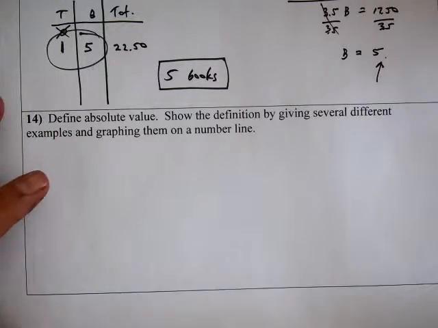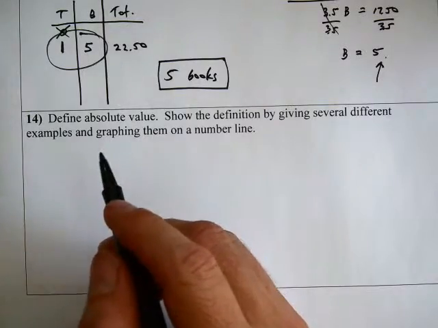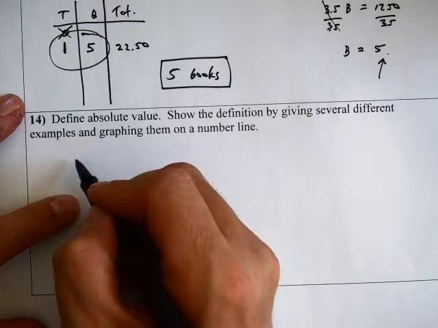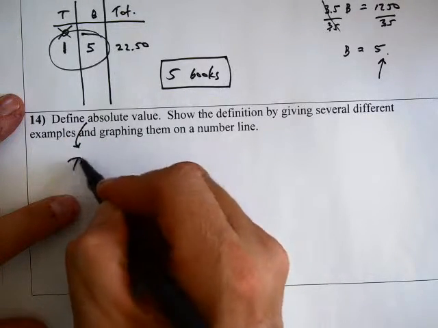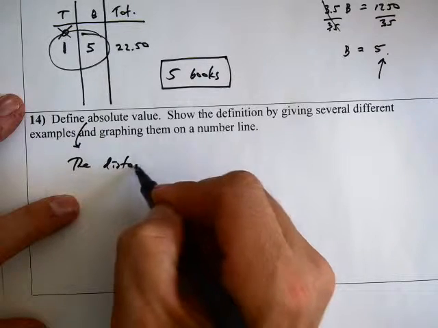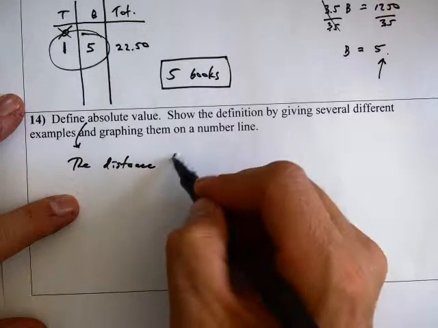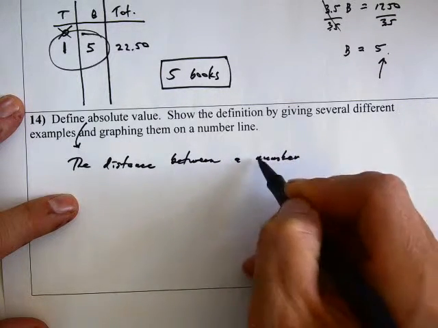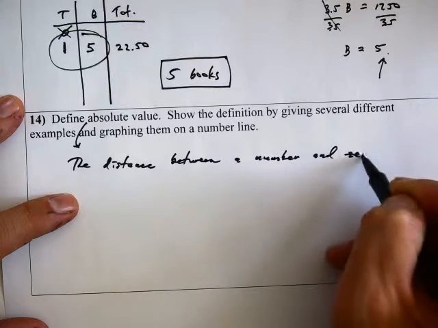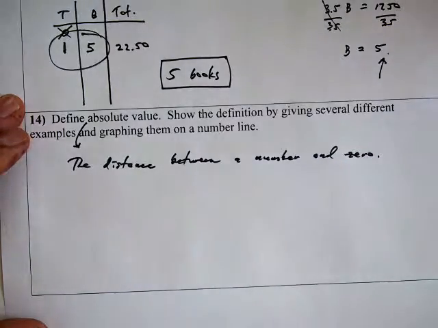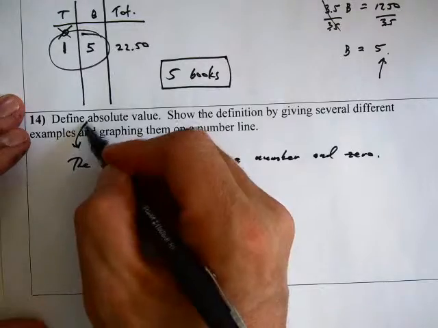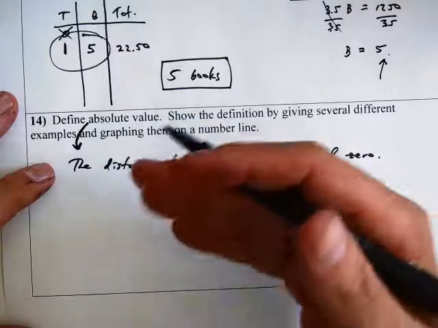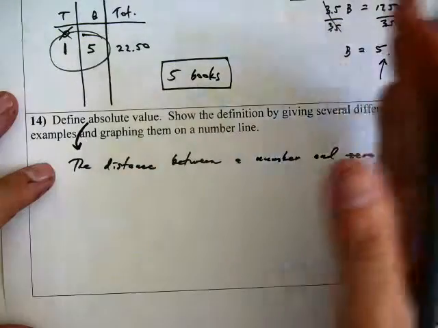Probably should have looked at this beforehand, but the way I remember absolute value being defined was basically this: the distance between a number and 0. Now, when I say the distance, I don't mean inches, but it's a manner of saying the amount of spaces between the number and 0.